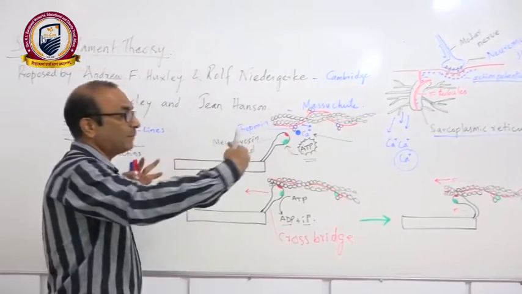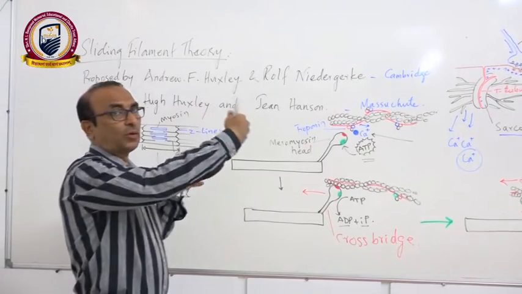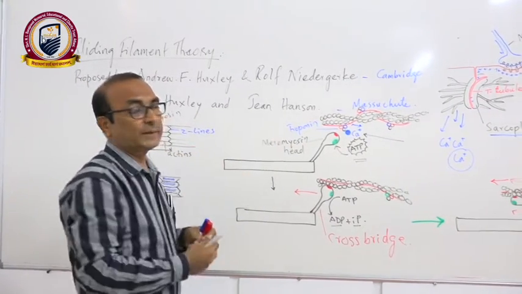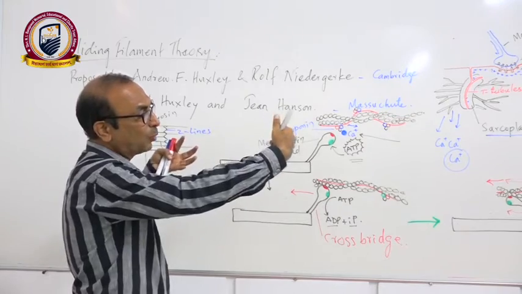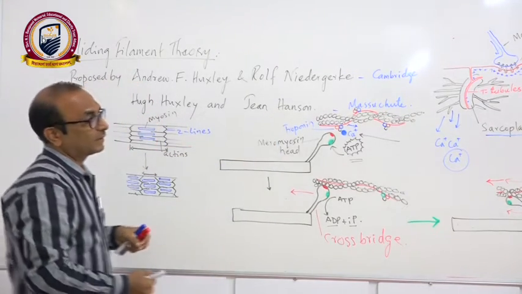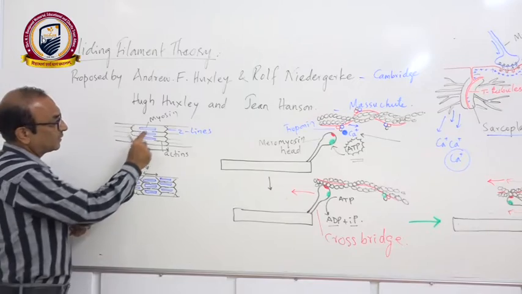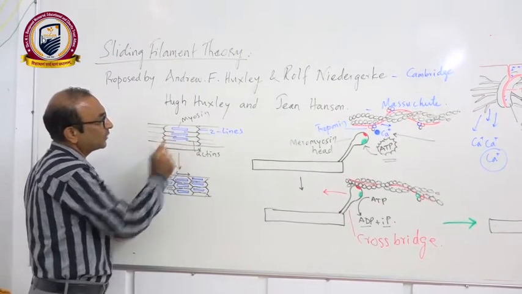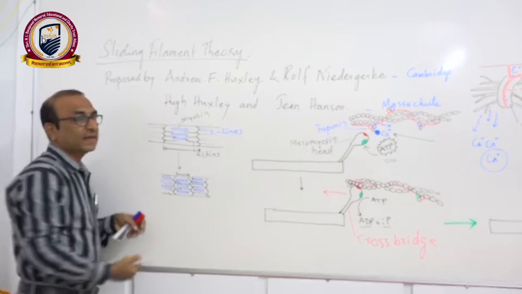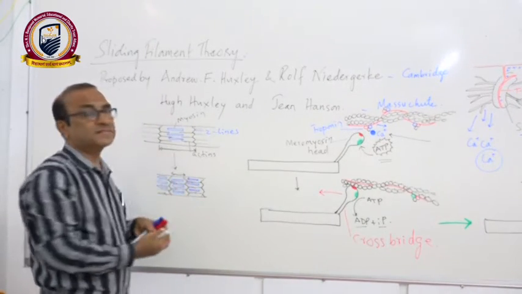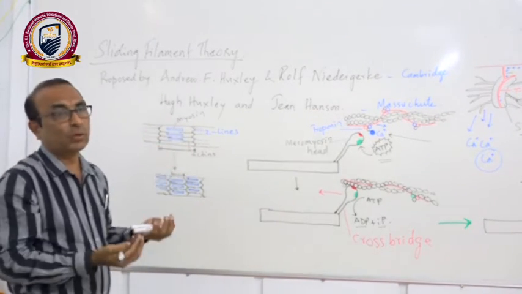So all the actin filaments which are at the two ends of the myosin, now they are moving inside, that is, in the space between the myosin molecules. So they will be moving inside like this, step by step, by a ratchet mechanism we call it.